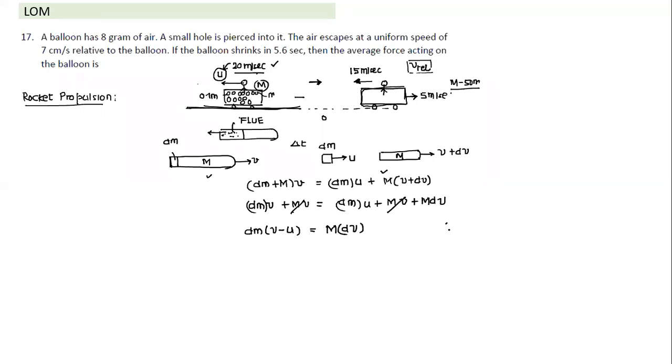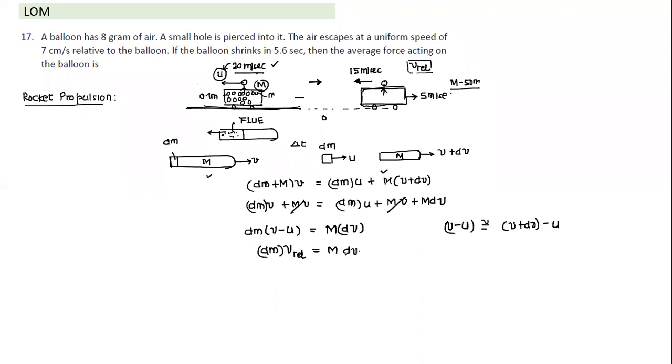Approximately, it is v plus dv minus u, since the change is very small. It's nothing but the relative velocity. v minus u is nothing but the relative velocity, and that relative velocity will remain constant. So this is dm into relative velocity equal to m dv.